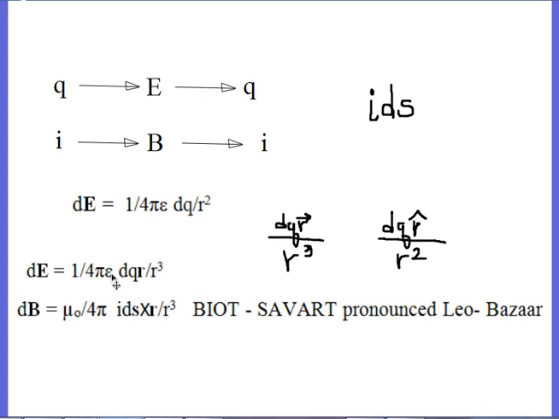Notice also that the permittivity constant has been replaced by the permeability constant. It's still a 1 over 4 pi, but instead of an epsilon naught in the denominator, we'll have a mu naught in the numerator. And it's very important. Here it's supposed to be an epsilon naught.